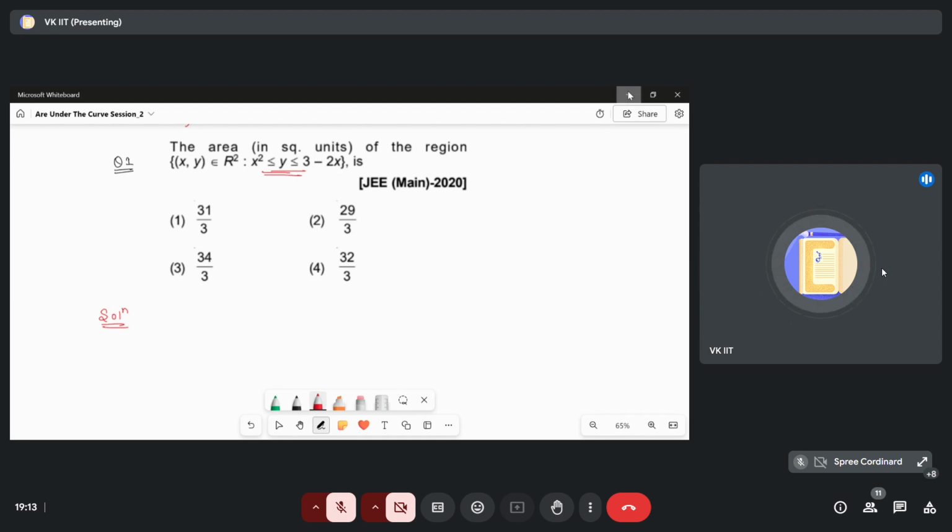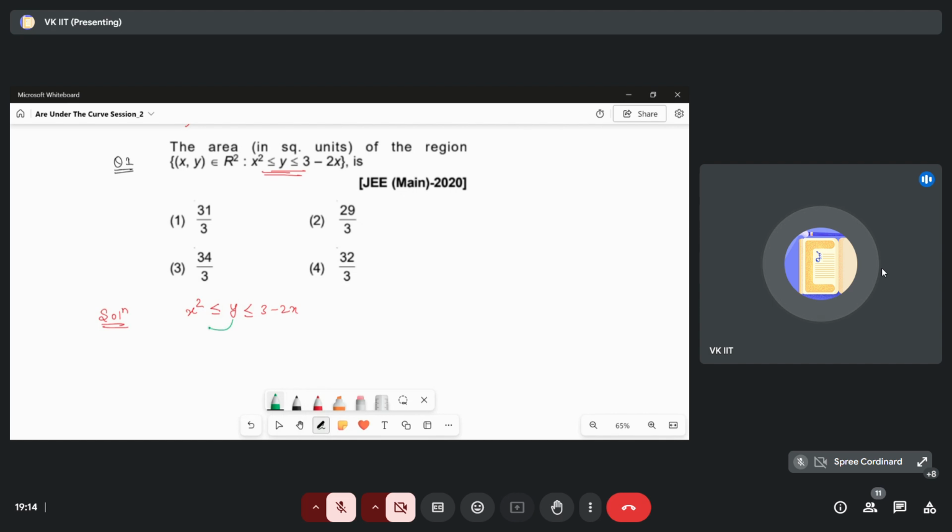Okay, let's see. There are two curves given here again, right? One of the curves is x square is equal to y, and the other is 3 minus 2x. Achha, first of all, one more thing. You can consider here x square is less than or equal to y is less than or equal to 3 minus 2x, right? This is given.